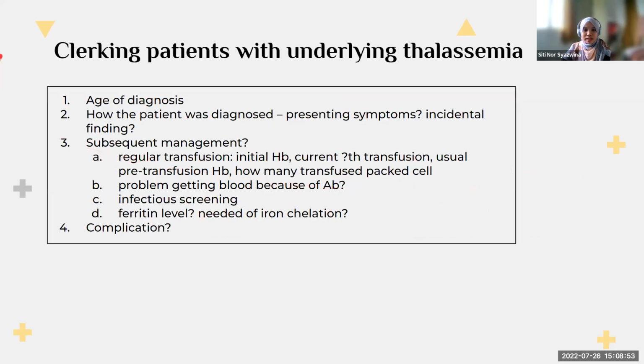Okay, so this is the last slide. How to club patients with underlying thalassemia, because we often encounter patients who are electively admitted for blood transfusions in the ward or in the daycare.